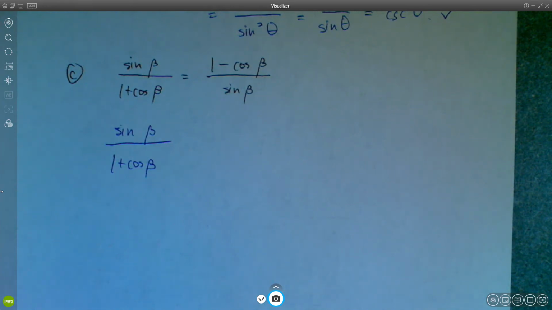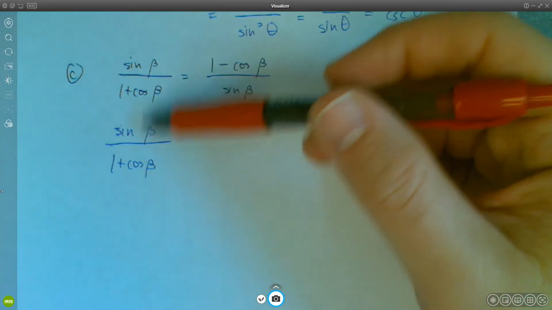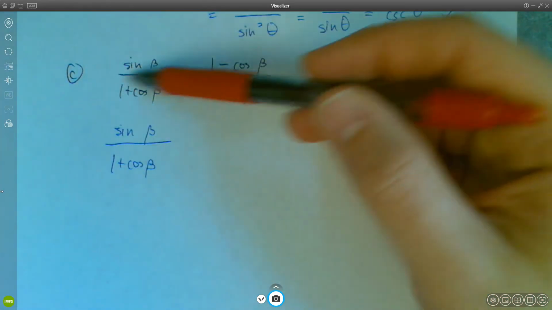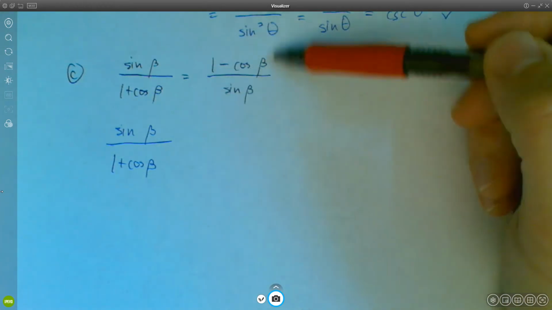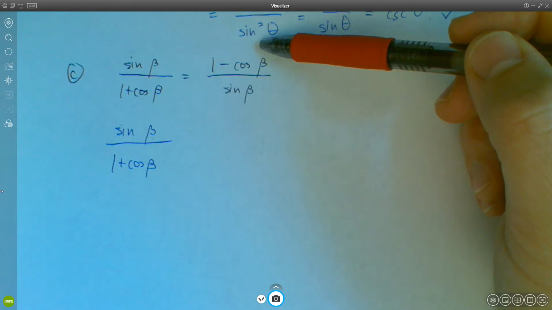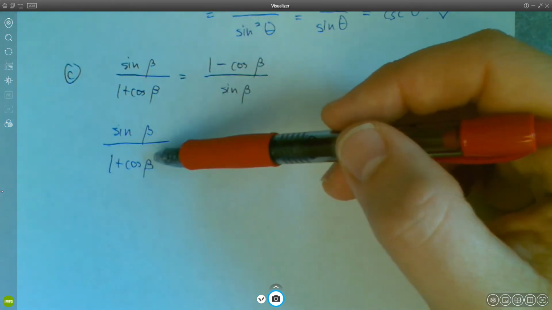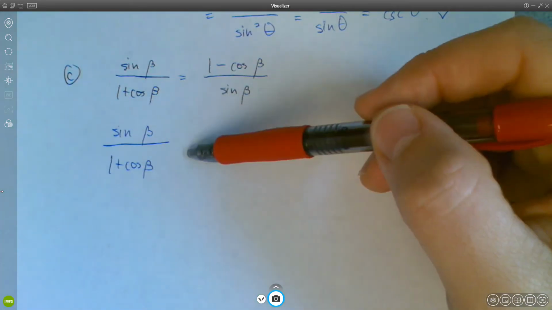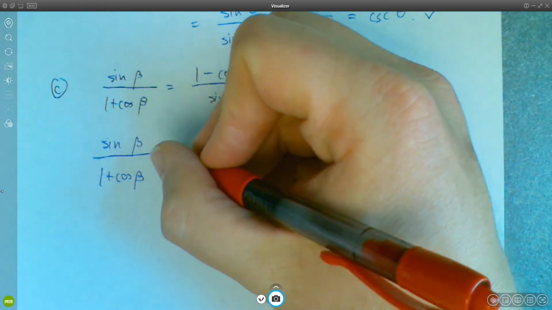And the reason I'm thinking that is because the sum on the left-hand side is taking place in the denominator, whereas on the right-hand side it's taking place in the numerator. And so if I multiply by the conjugate, that's going to clear the sum in the denominator, and it's going to give me a sum in the numerator, which is exactly where I want to end up. So I'm thinking multiply by the conjugate is probably the way to go here.